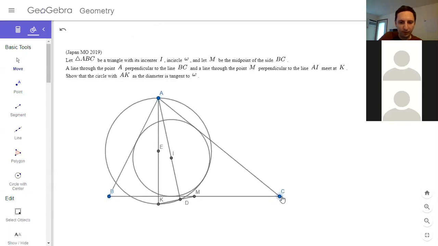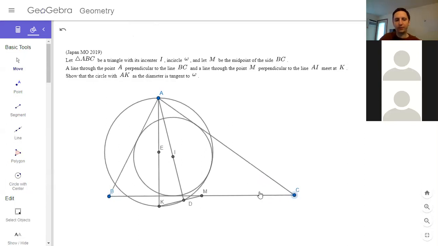Now, whenever I see tangent circles, I try to find a homothety. But yeah, it's interesting. Well, you know what? If we show the radius of the big circle minus the radius of the small circle is equal to EI, that would solve the problem, right?